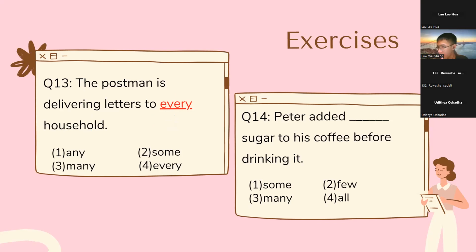Let me give a common example. Every house has a roof, for example. Even though I'm referring to technically a lot of houses, the word house is singular, and that's why it must be every.